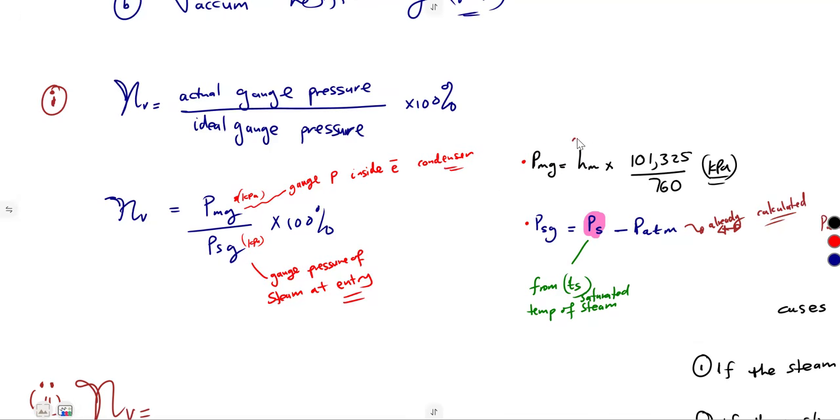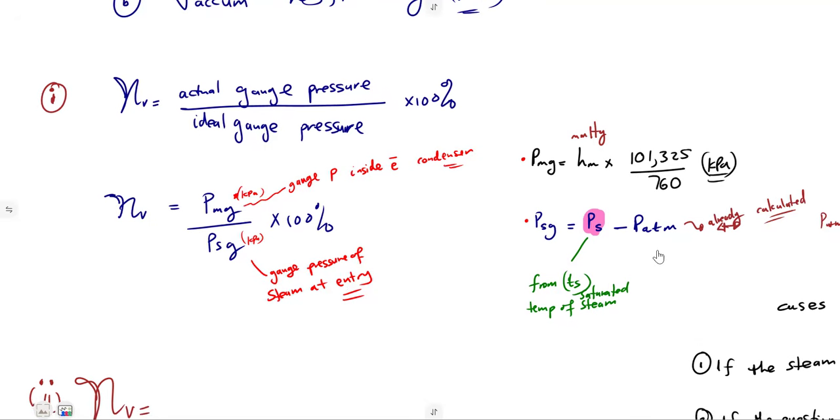Remember that conversion of our manometer reading to kilopascals. We could have used those in millimeters of mercury without conversion to the kilopascal. So what is it now that we are going to do without conversion?